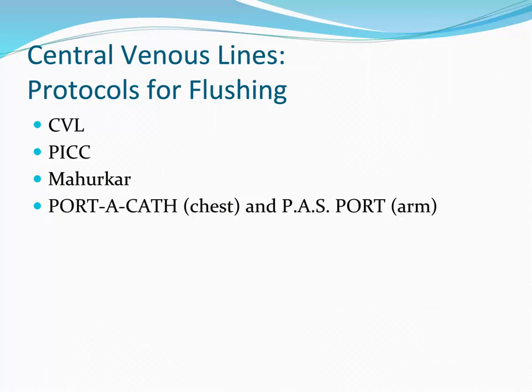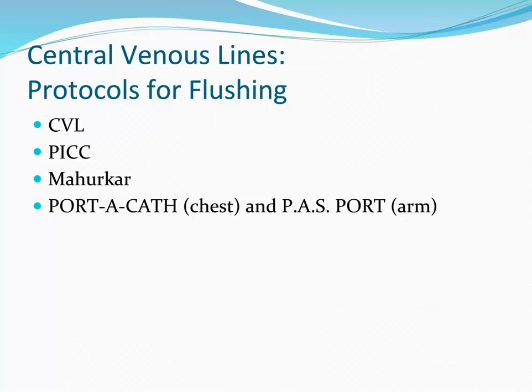When accessing any dialysis catheter, always withdraw a minimum of 10 milliliters for discard before flushing, so you do not inadvertently give a bolus of highly concentrated heparin. Portacath or PassPort.